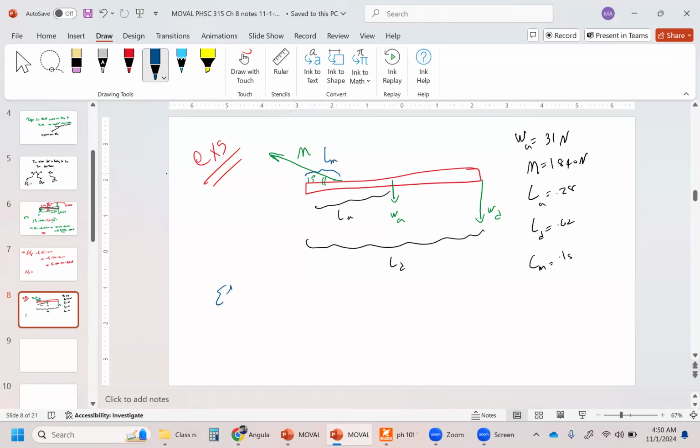Now, again, we need all our torques to equal 0 in order to reach equilibrium. For the first one, it's going downwards, which means it's going clockwise. So it'll be minus WD times LD, minus WA times LA, plus your mass times your LM, equal to 0.